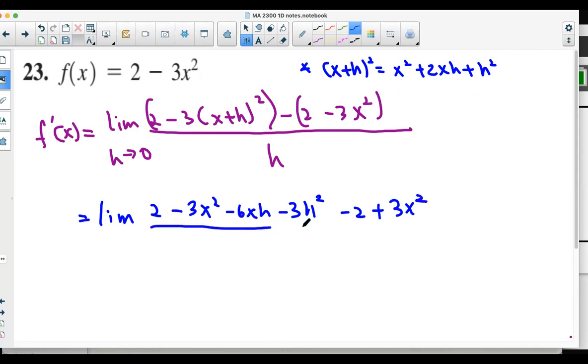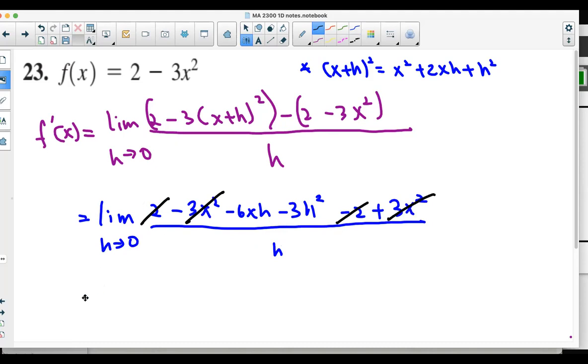It's pretty long, but all right. Then you realize that here, negative 2 and positive 2 cancel away, and 3x squared cancels away.